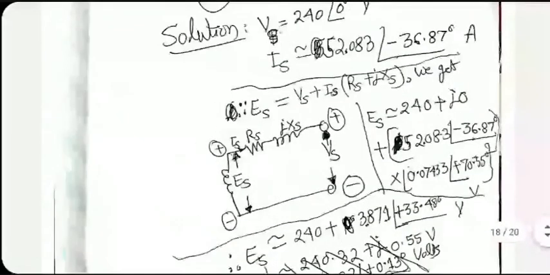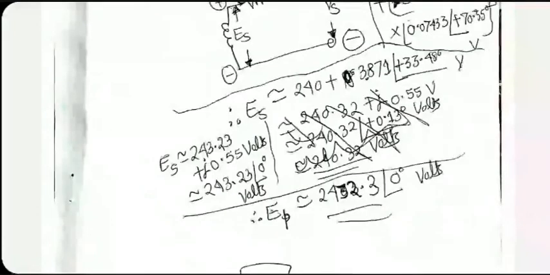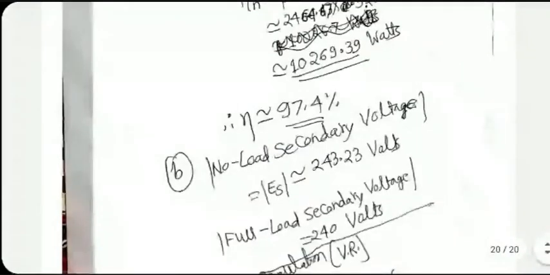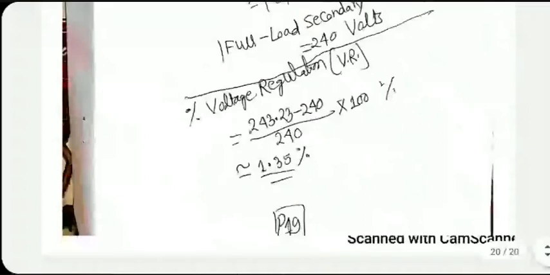Because no current will flow in the secondary, ES will be same as VS. So at no load, the output voltage magnitude will be simply the magnitude of ES, which is 243.23 volts. And at full load, we know it is 240 volts.